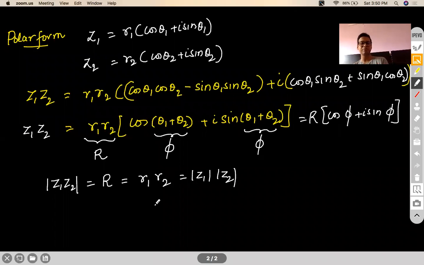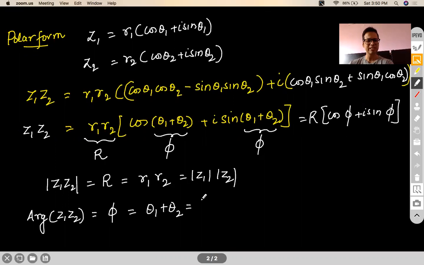This is good information for us because it tells us the position of the product of the two complex numbers. Not only that, it also tells us that the argument of Z1 Z2, which is your phi, is the sum of the arguments of Z1 and Z2. Very, very useful information.